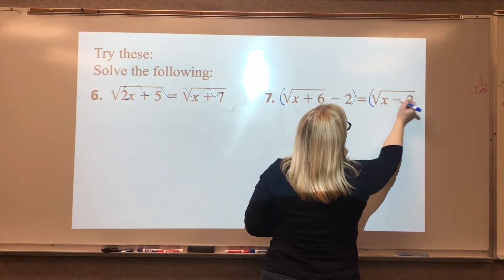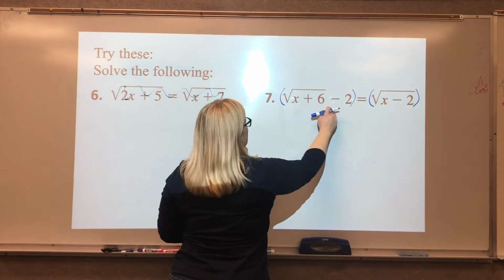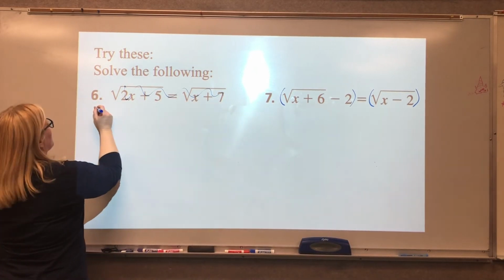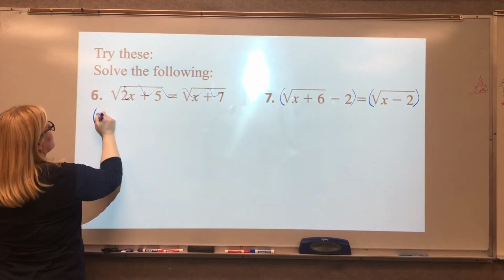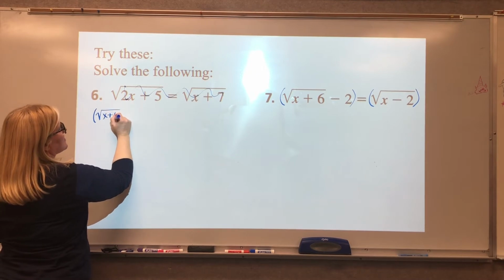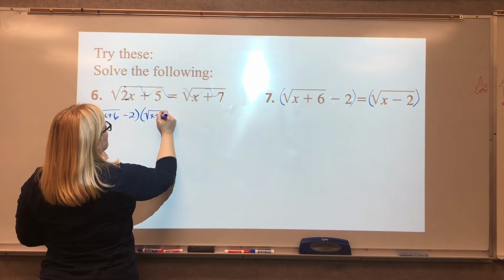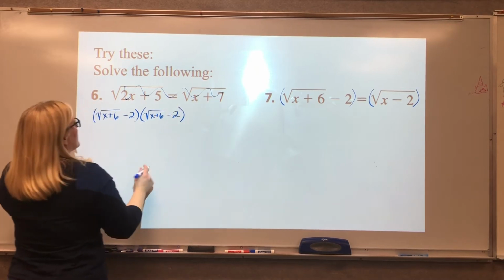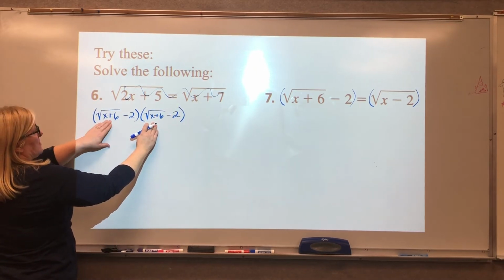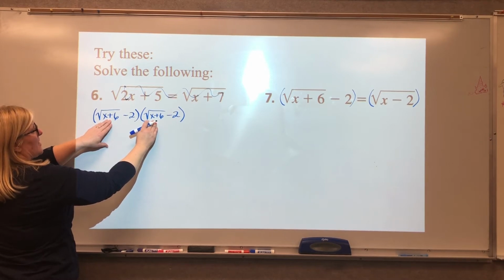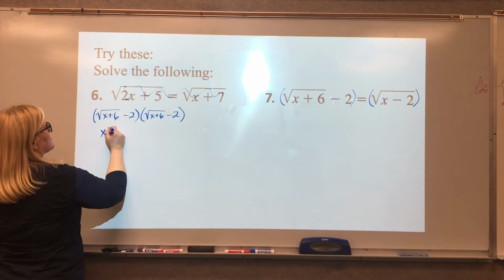So, when I square this side, I'm going to get the square root of x plus 6 minus 2 times the square root of x plus 6 minus 2. And when I FOIL this, okay, square root of x plus 6 times the square root of x plus 6 is just x plus 6.